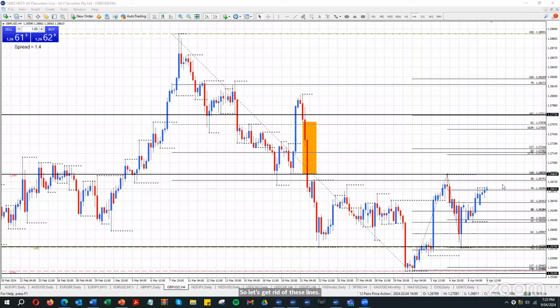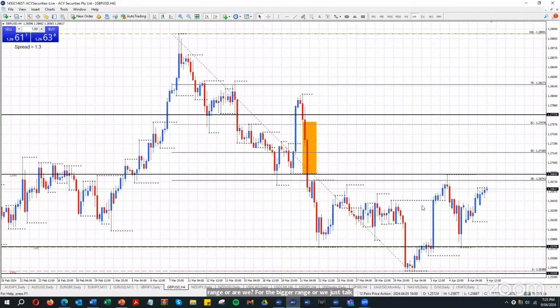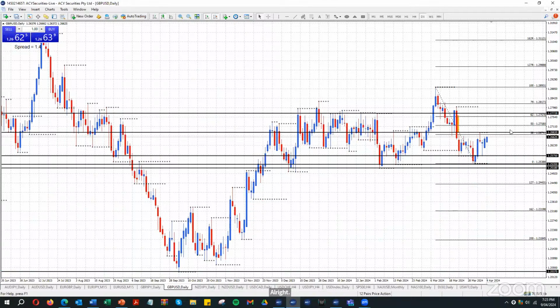So which way is it going? Are we going further up the range, or further up the bigger range, or are we just stuck between resistance and support? All right. As I said to you on the day chart, if you're struggling with the bias, day trend bias is down at the moment.